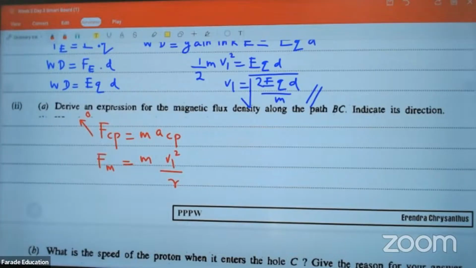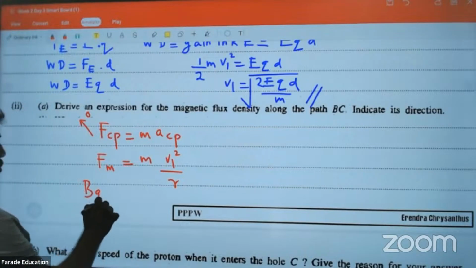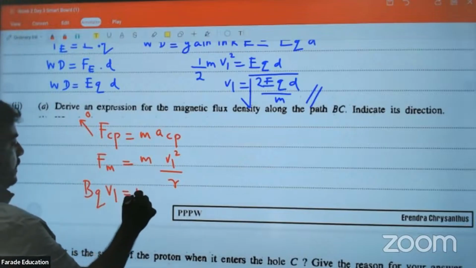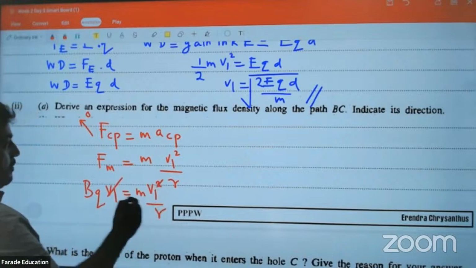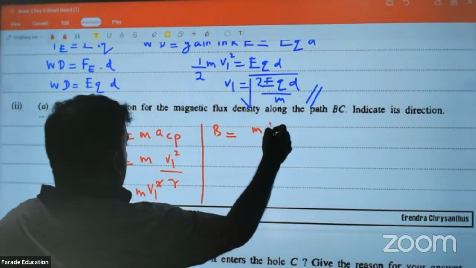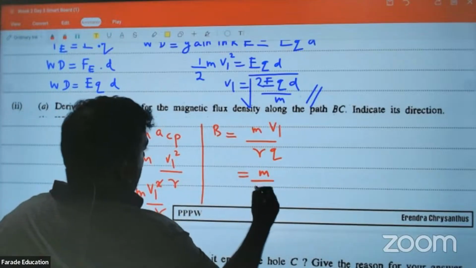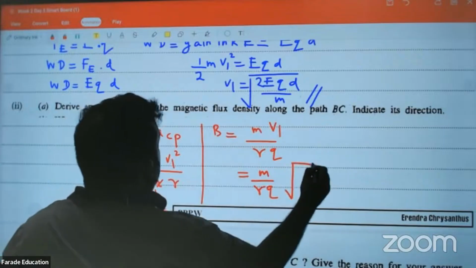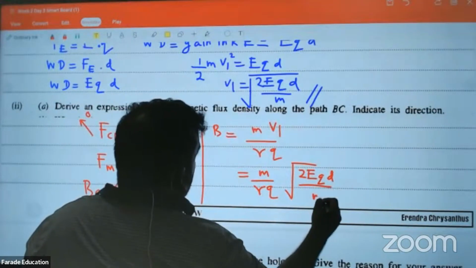They are telling you it goes in a circular path. So B Q v1 equals m v1 squared over r, one v1 cancels off. Magnetic field strength is equal to m v1 divided by rQ. That is m over rQ times v1, which is the square root of 2EQD divided by m.